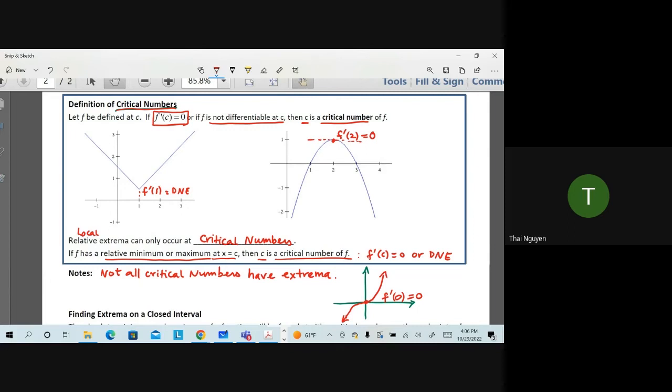Okay, and later we find out that the second derivative at 0 also equals 0, and using the second derivative, which we will learn later on, it will tell us that point is not a local min or local max, but it is an inflection point.